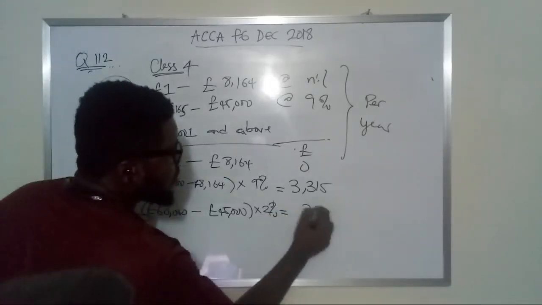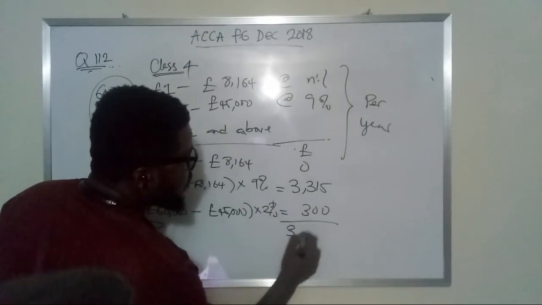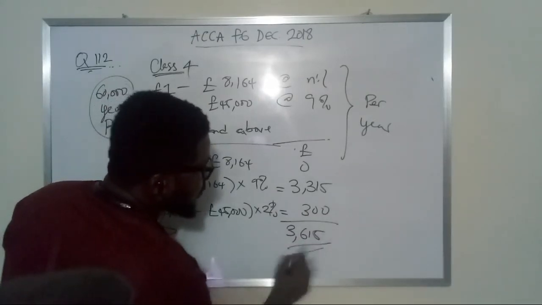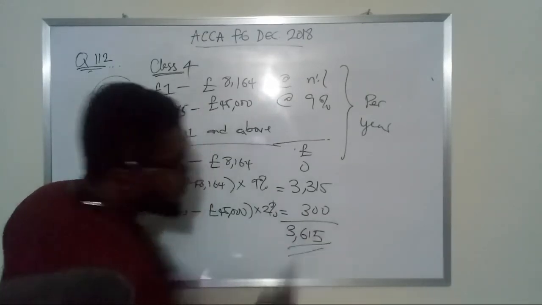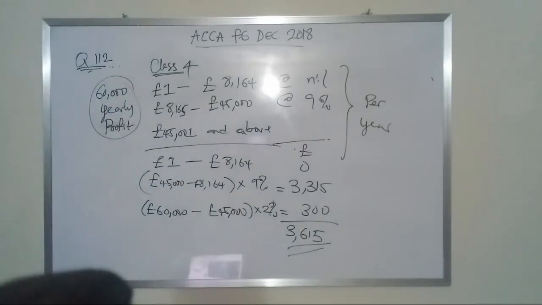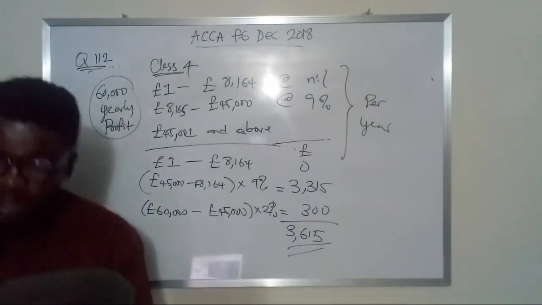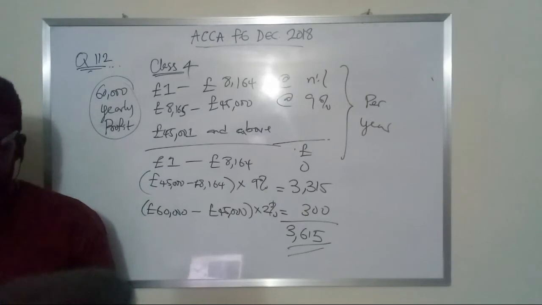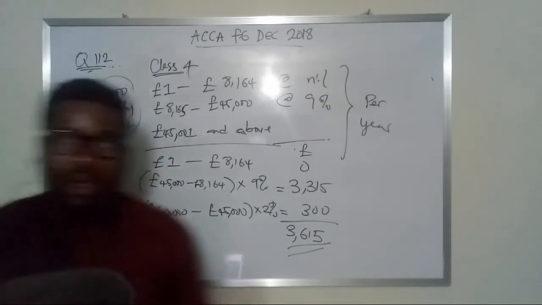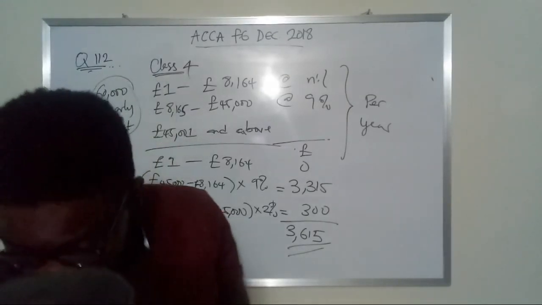That's 300. And we have 3,615. Do you understand?